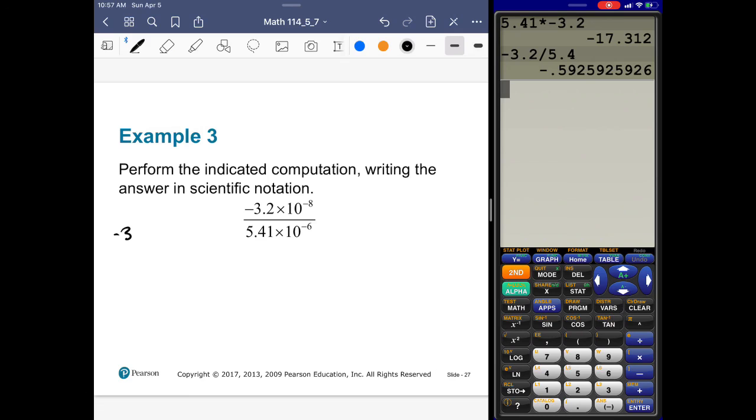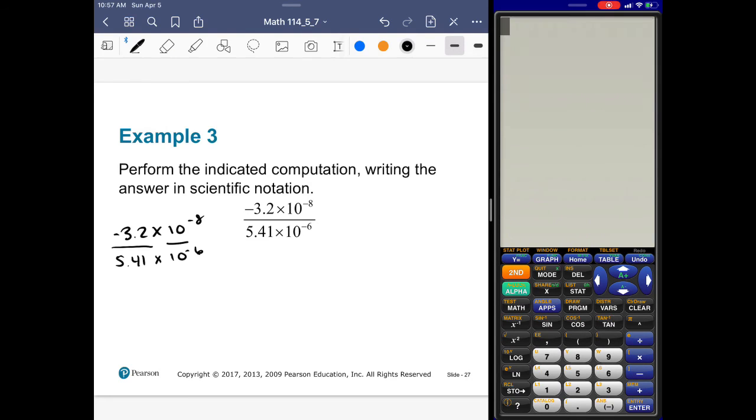So we have negative 3.2 times 10 to the negative 8, and then 5.41 times 10 to the negative 6. So we do the division. Negative 3.2 divided by 5.41 equals negative 0.591 times 10 to the negative 8 minus negative 6.